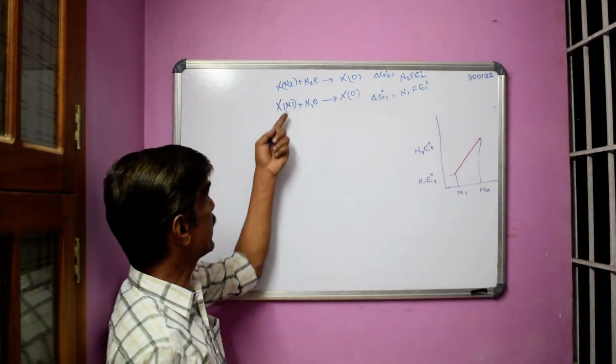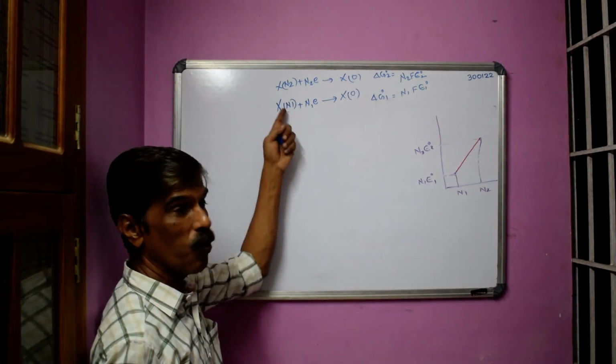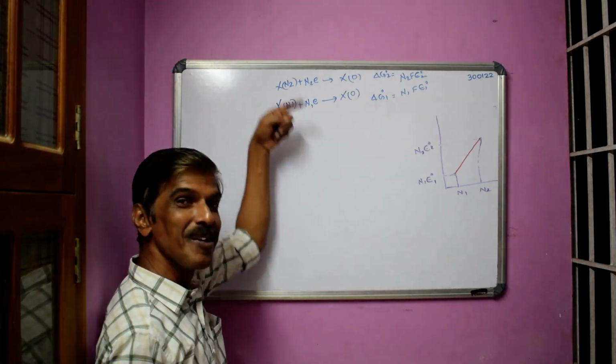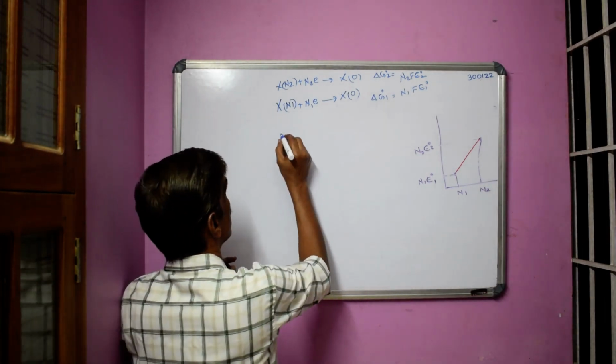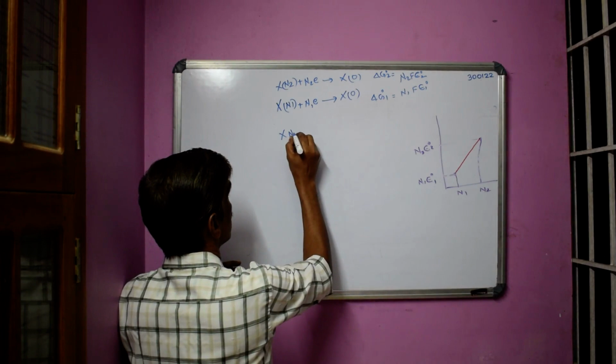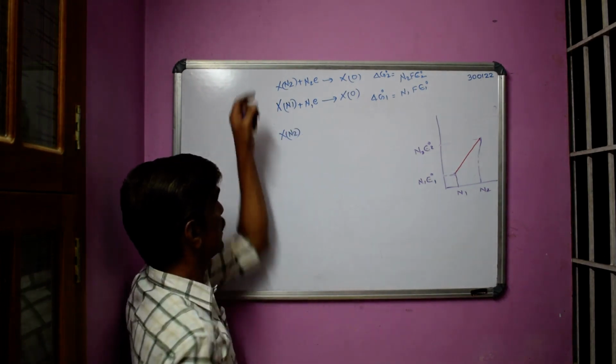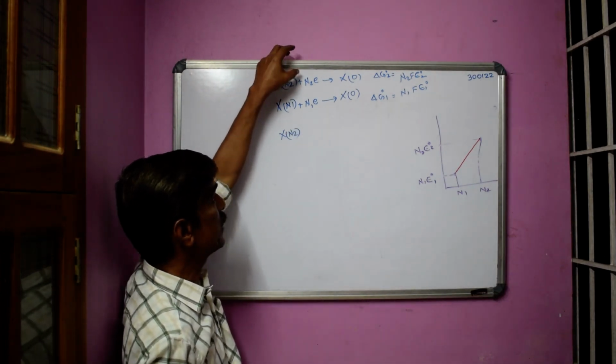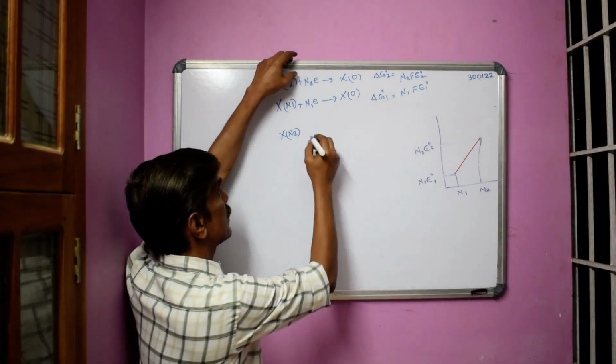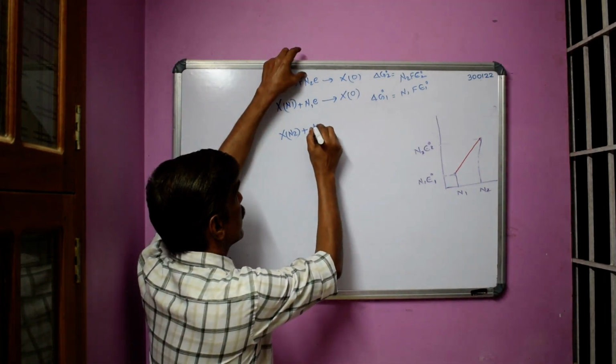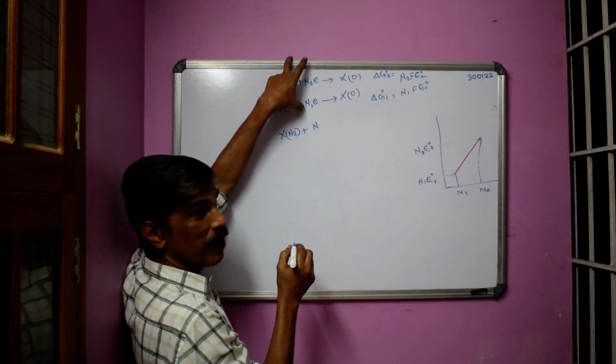And if I deduct equation number 1 from equation number 2, we can write down x in the n2 oxidation state plus n2 electrons minus n1 electrons.